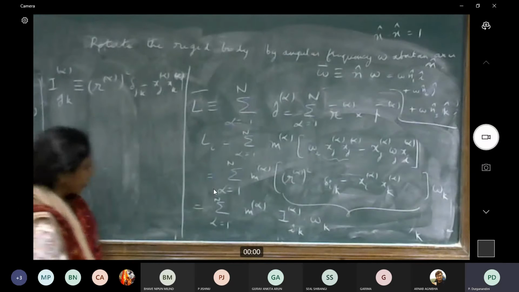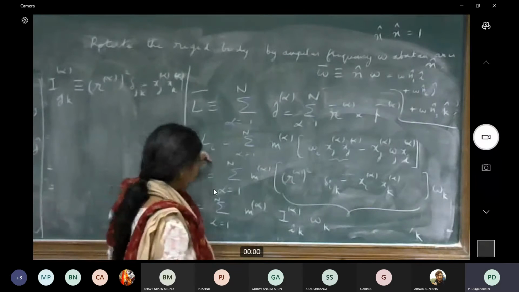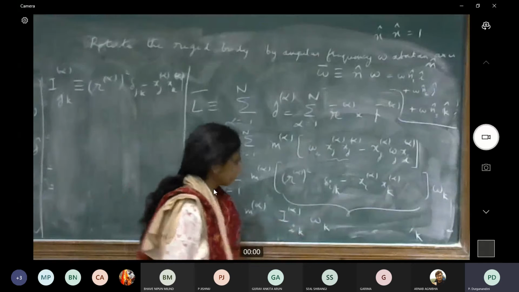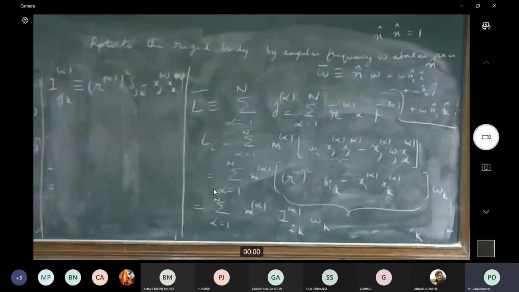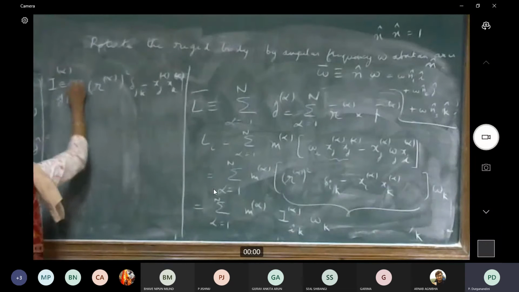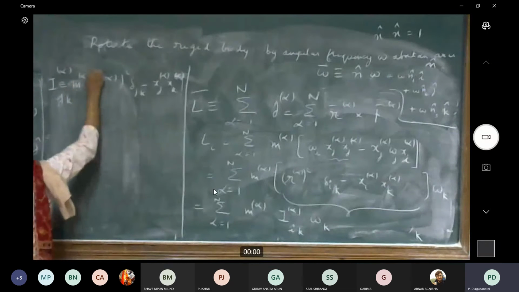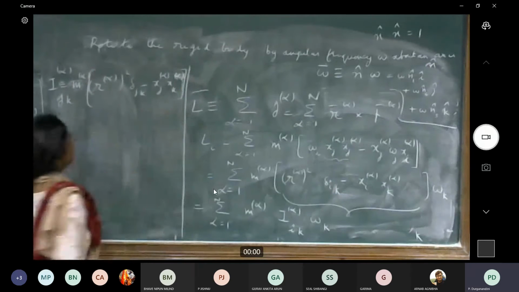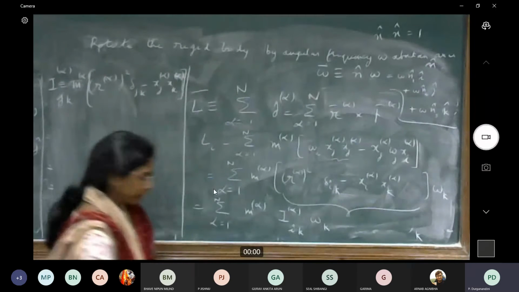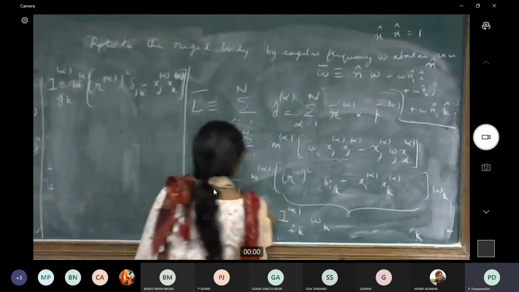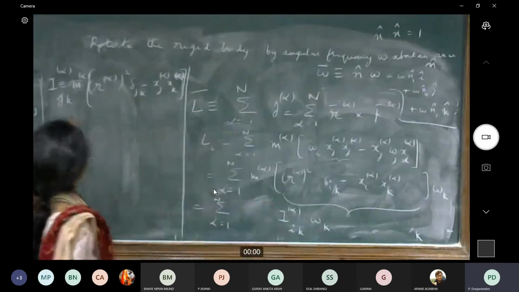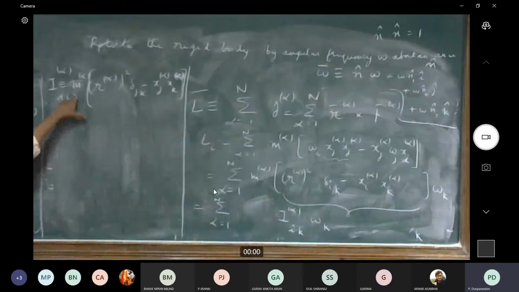So my angular momentum component along the ith direction can be simply written like this. Okay, by the way, I define with an m also, and also take the m into account. See, the m factor will not make any difference. Why will it not make any difference? I introduced the m also here. Why should it not make any difference? M is the mass.